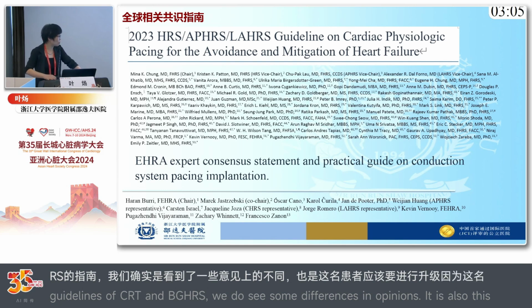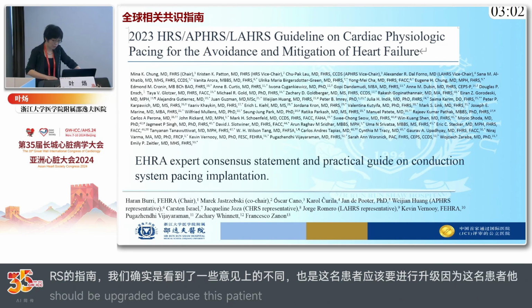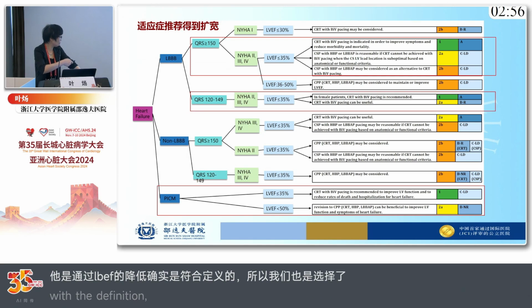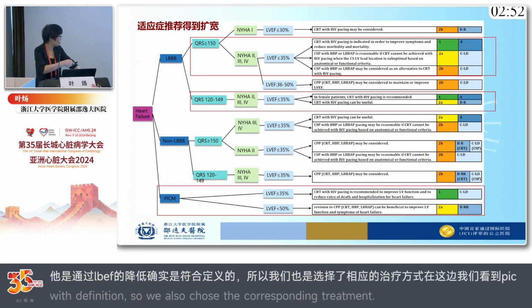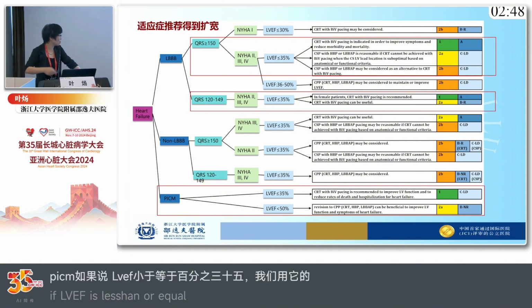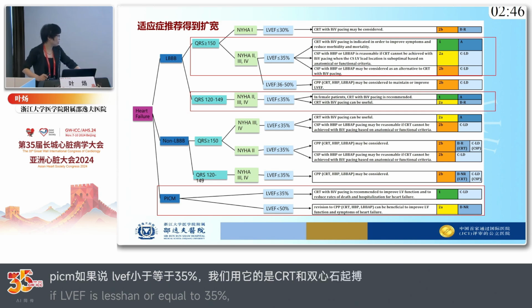So we chose LVBP implantation. From this point of view, for PICM, if the patient has an EF less than 35%, we use CRT, biventricular, or we can use CSP. So we chose LVBP.